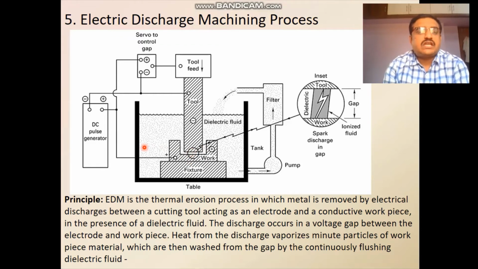So when we start this supply, the electrons from the tool are moving towards the work, and the dielectric fluid gets ionized, and free electrons are also moving from the tool to the positively charged work, as electrons are negatively charged and work is positively charged.